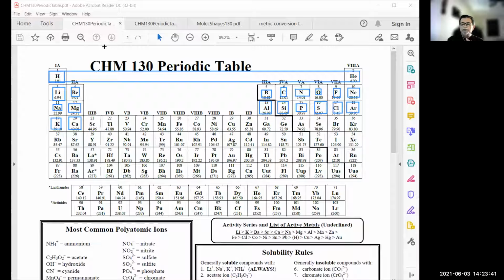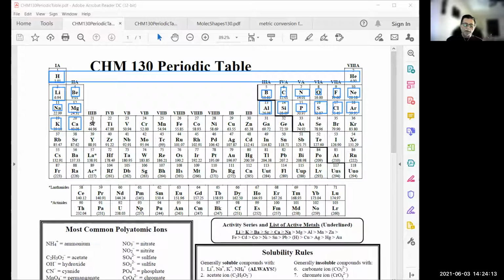You're eating the calcium ion, which has lost some electrons. The same is true with sodium. You're not putting sodium metal on your French fries. You are putting sodium ion that has lost an electron. It'll become clearer as we progress, but we can use the periodic table to give us a heck of a lot more information. So that's why we refer to the periodic table. I refer to it quite a bit.